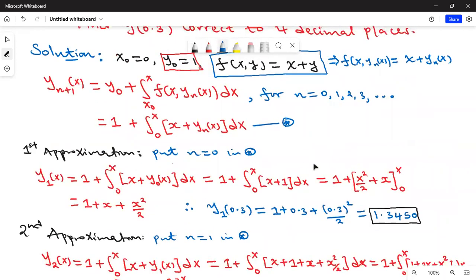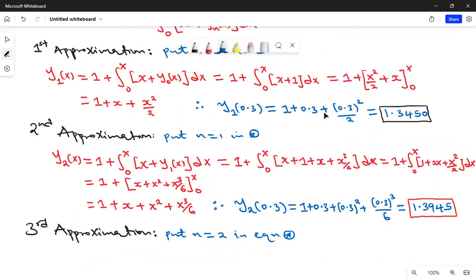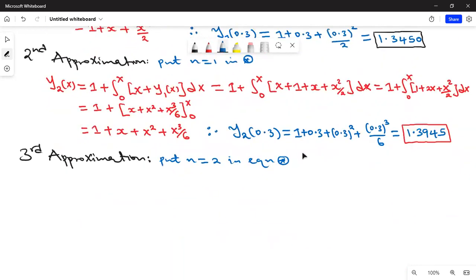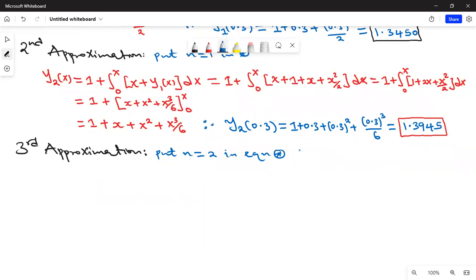So that will give us y3 as a function of x is equal to 1 plus the integral from 0 to x of x plus y2 as a function of x dx.